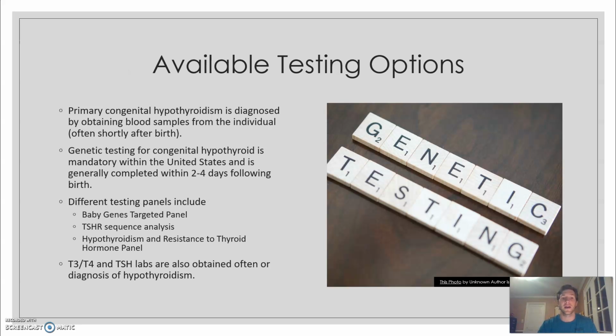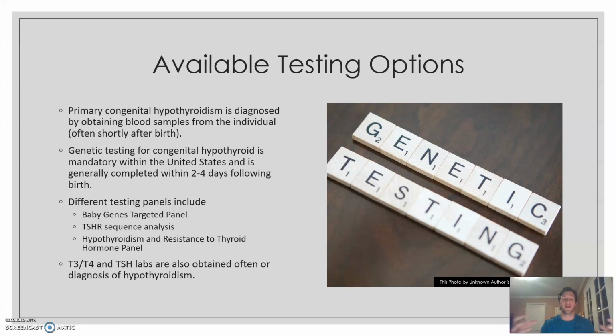So, available testing options. This disorder is often diagnosed with a simple blood sample, and this is mandated. Testing for this is mandated in all 50 states. In fact, it's often obtained within 2 to 4 days following birth.